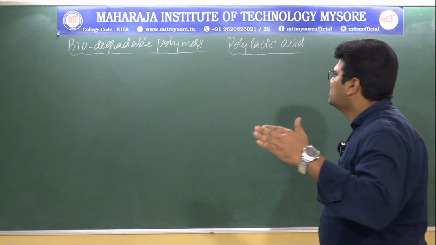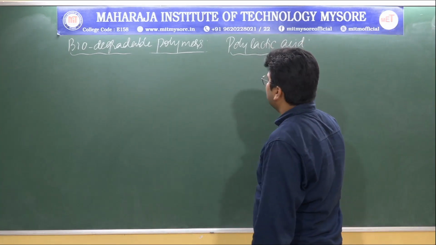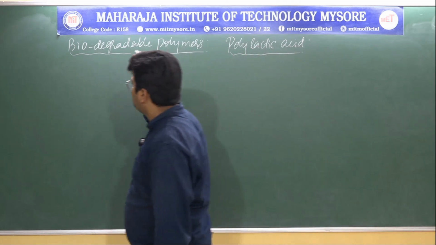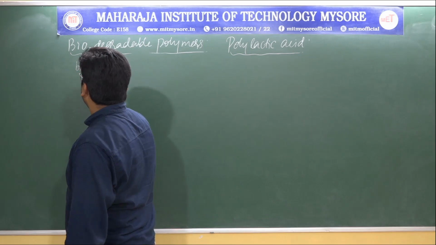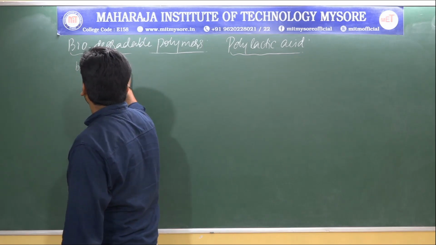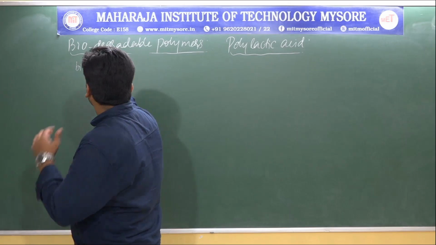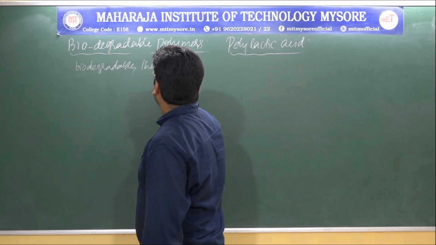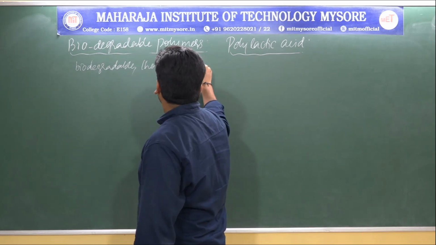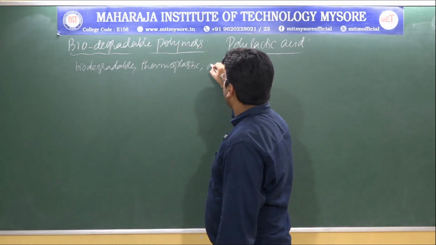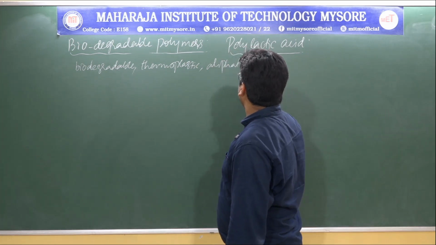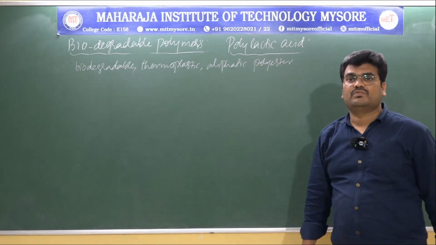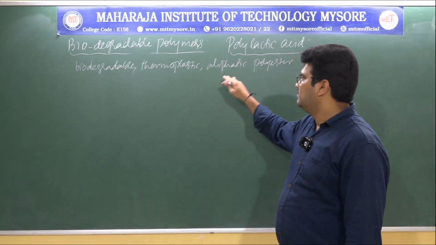If we list out its properties, it is biodegradable, thermoplastic, an aliphatic polyester. It is one of the very best examples for synthetic biodegradable polymers.